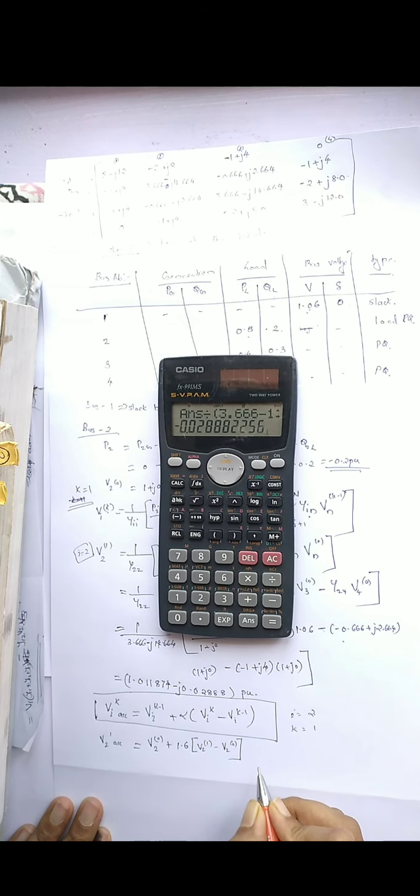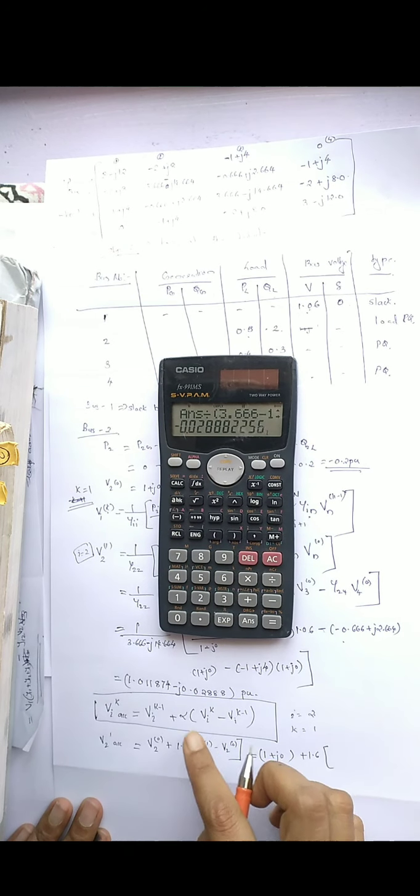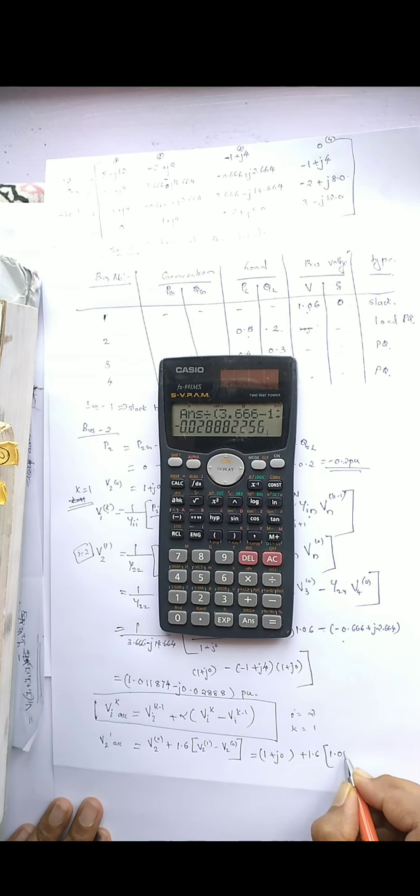That value will be equal to V2 of 0, we have assumed it as 1 plus J0, plus 1.6 into V21, that is 1.011874 minus J 0.288, minus 1 plus J0 value.